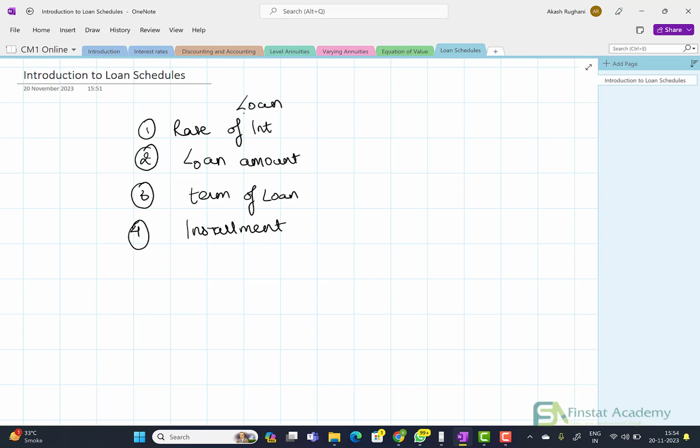Now, each of these is given a notation for us. The rate of interest still remains i, which is per annum effective. The loan amount is given by L0. The term of the loan is given by n, and the installment is given by X_t, where X_t denotes the t-th installment.